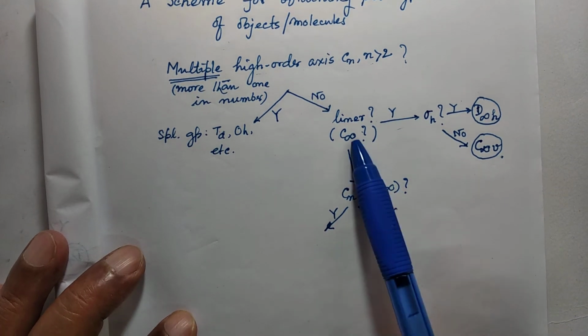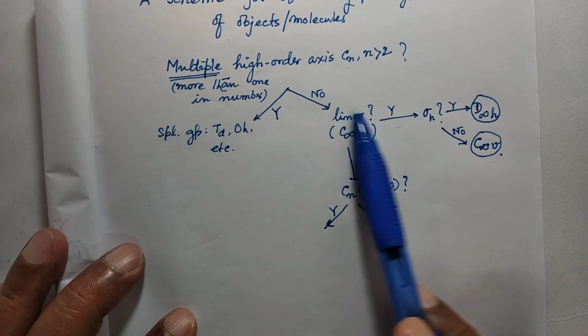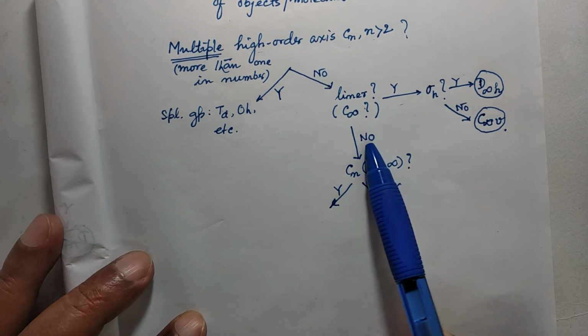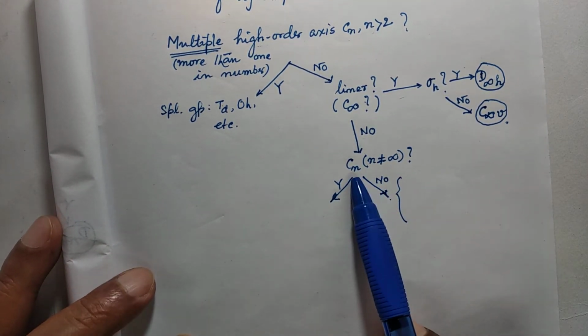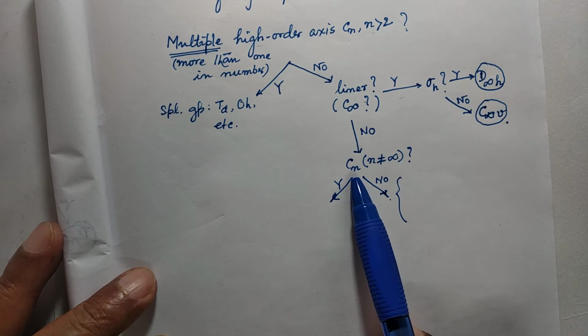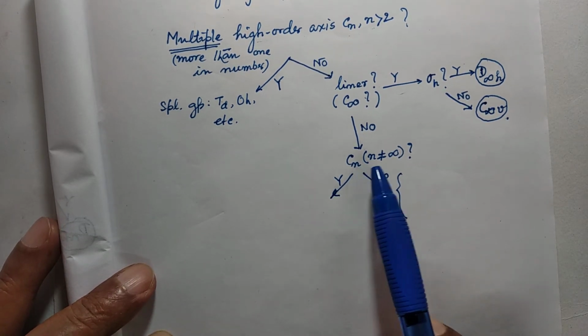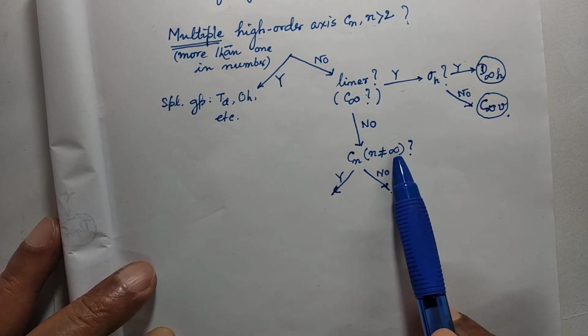And here, if the object is non-linear, there is no C infinity axis, then the question is: is there any Cn axis with n having a finite value?